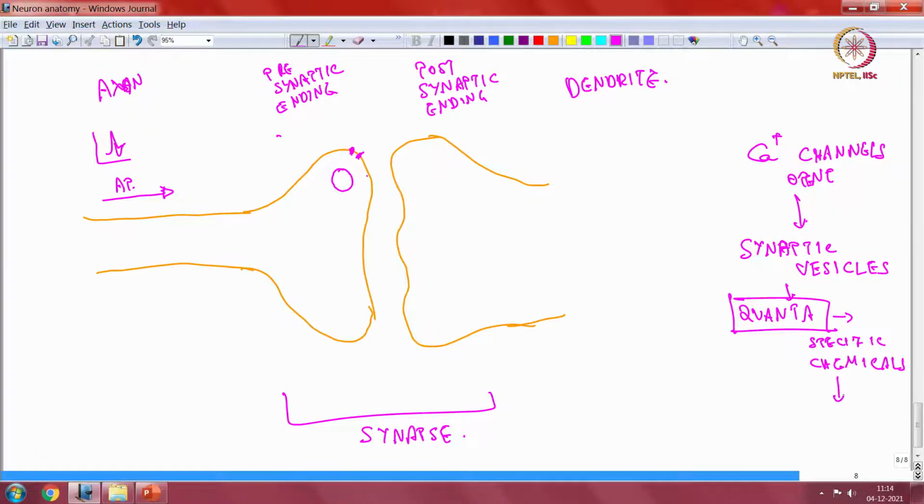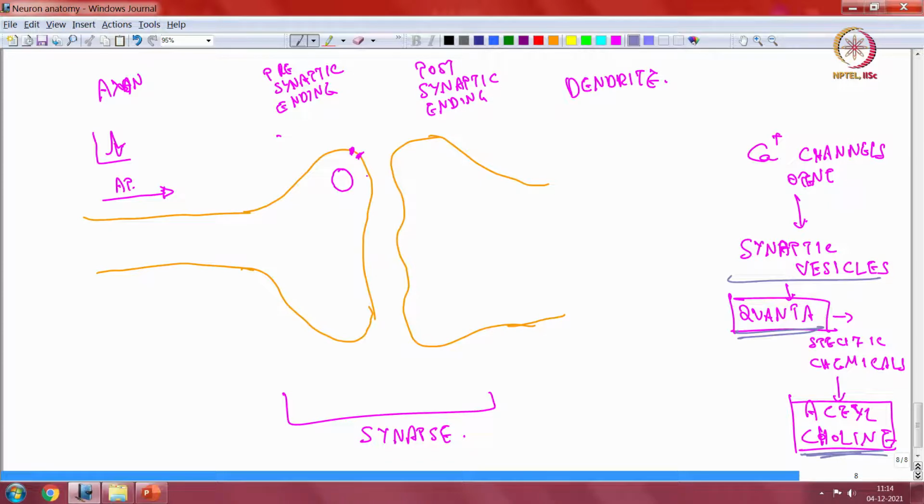The general example which is quoted here is acetylcholine. You can have various kinds of, so we have now reached some important steps. So, these chemicals which are present within the quanta, within the synaptic vesicles, are the method by which information is transmitted from one cell to another cell.